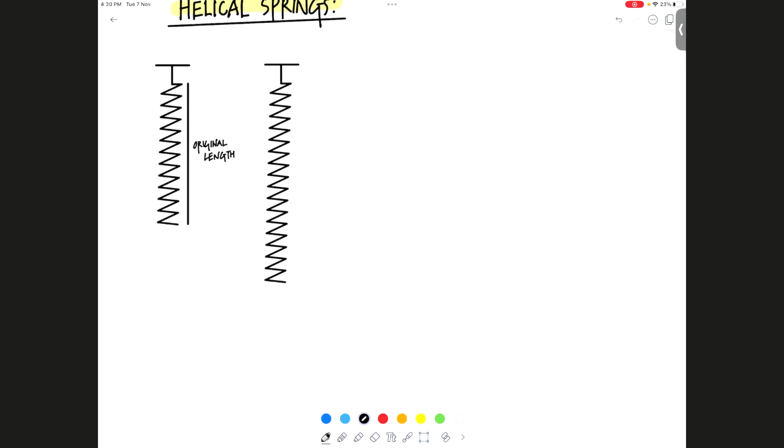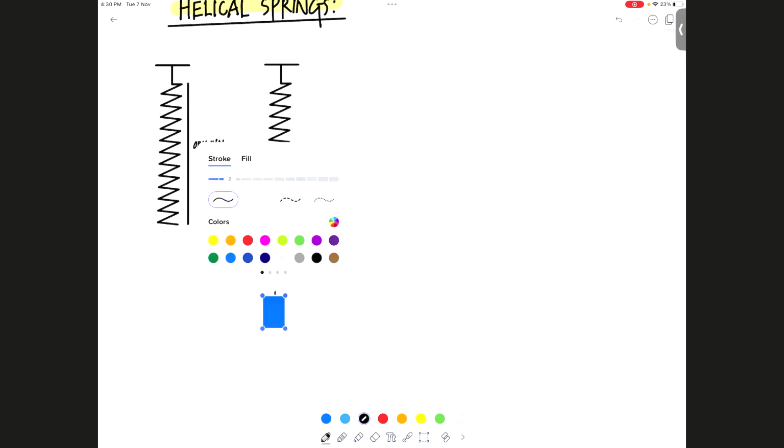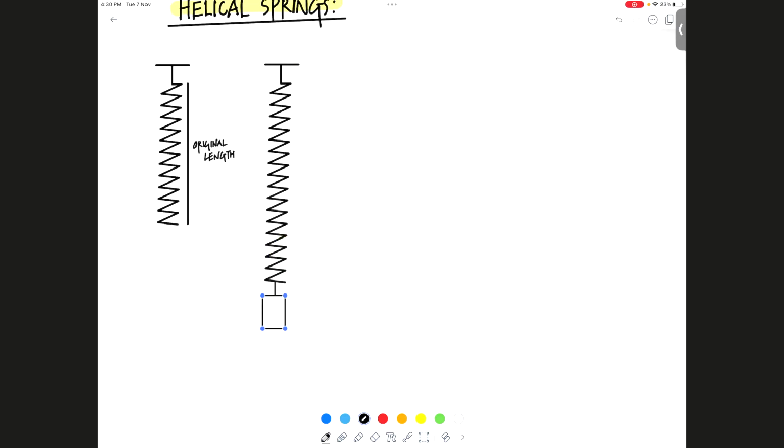So when you add some force at the bottom, the spring will extend, and that new length you see here is the extended length. Once again, that's not our concern. We are concerned about the extension.